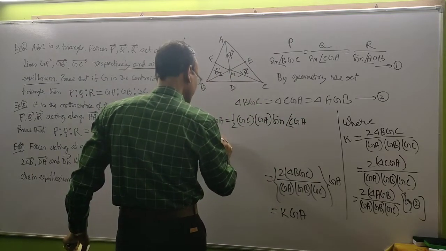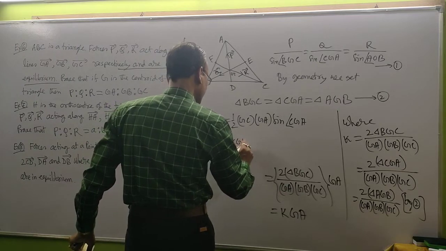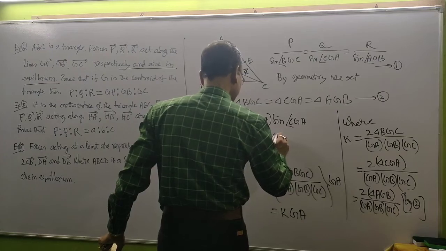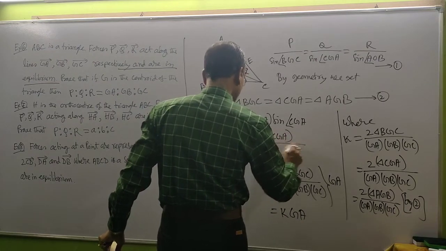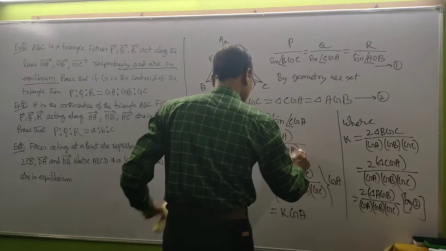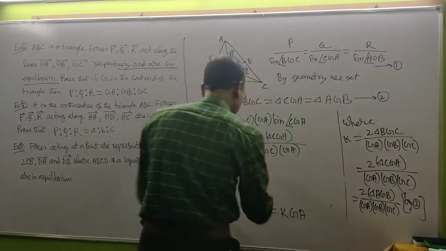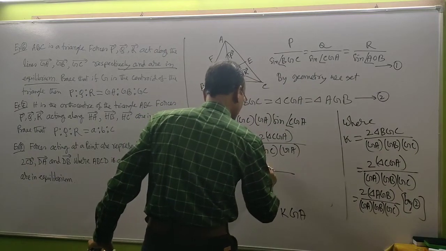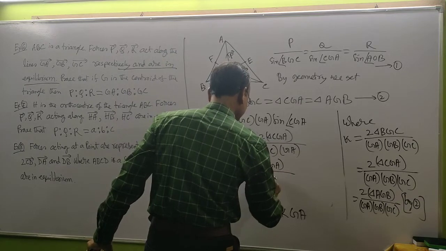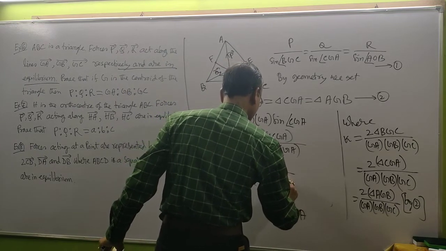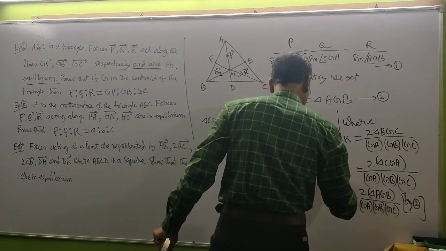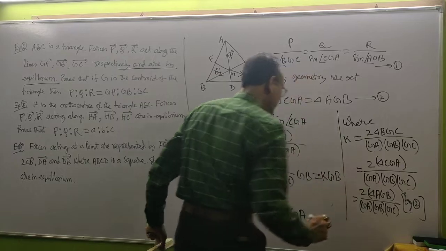This means the sine of the included angle CGA should be equal to the area of the triangle CGA by GC, GA, or 2 times the area CGA by GA, GB, GC into GB. This can be written as K into GB.